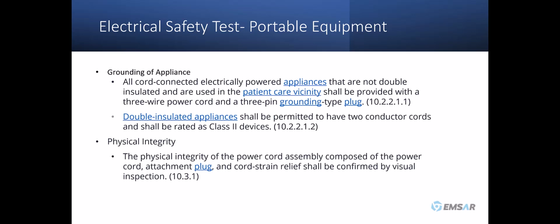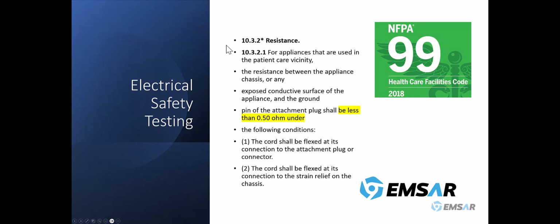All right, for portable equipment, you have the grounding 3-prong power cord is what they want you to have, and then you can have double insulated appliances. It's really important to do a physical inspection of the power cord, making sure there's no cuts, wires showing, or damage to insulation.